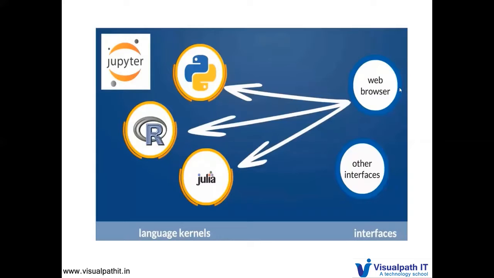On the other side, we have various interfaces where the code is written. They represent the clients, for example, web browser, and there are other interfaces also. The Jupyter server provides an environment where a client is matched with a particular language kernel.